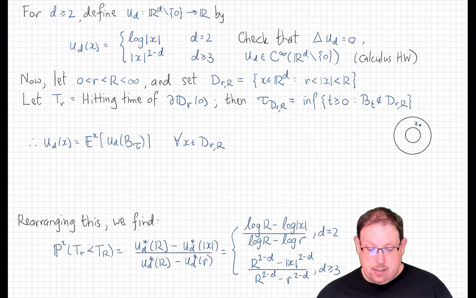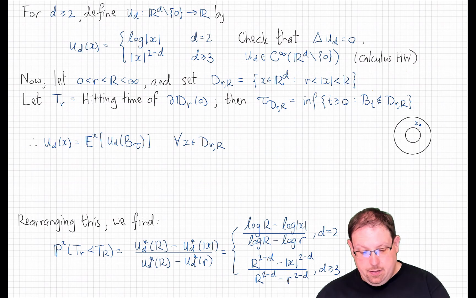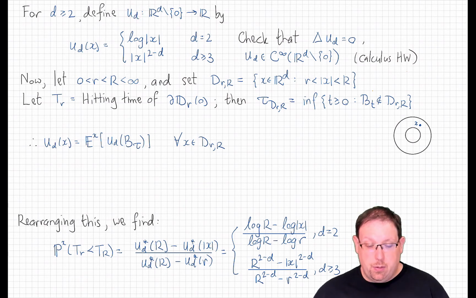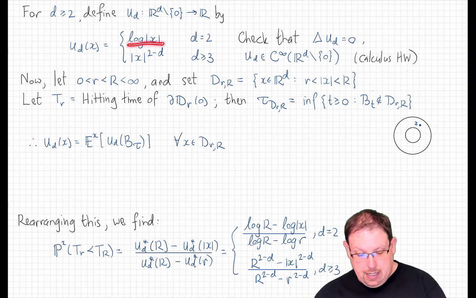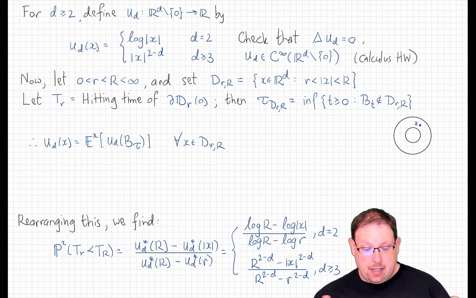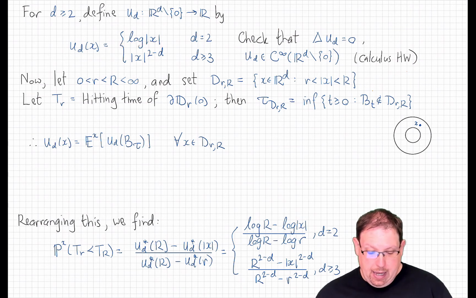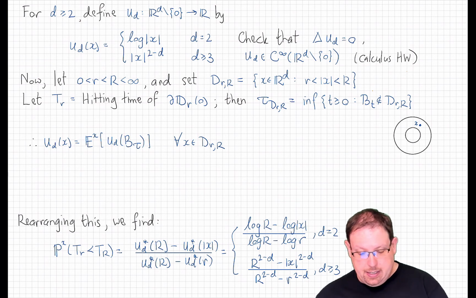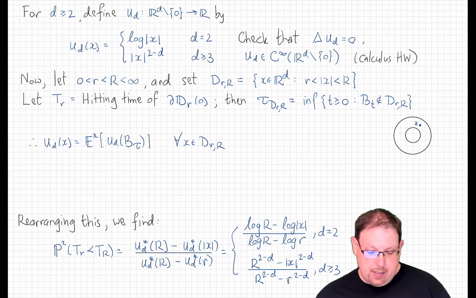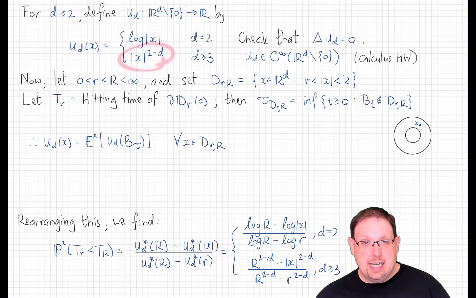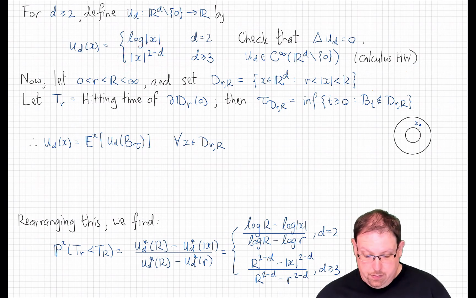That is, consider the following. For d bigger than or equal to 2, let u_d be the following function. In 2 dimensions, it's the log of the length of the vector x. And in dimensions 3 and higher, it's this function here, the length of x to the power 2 minus d. This is a function that decays to 0 as x goes off to infinity.